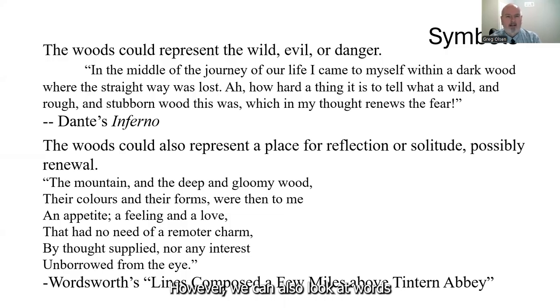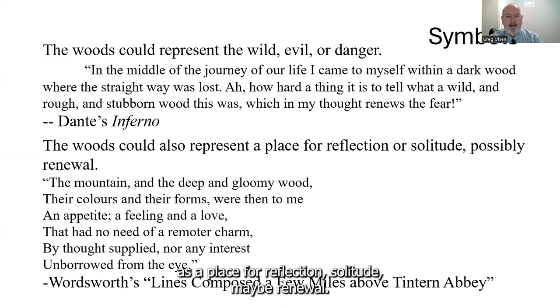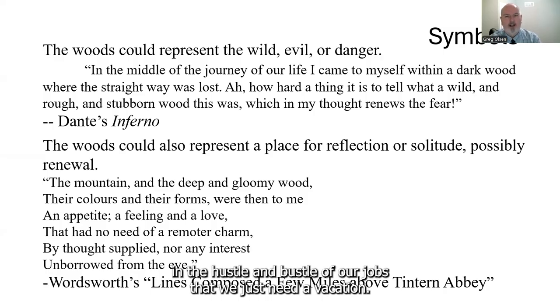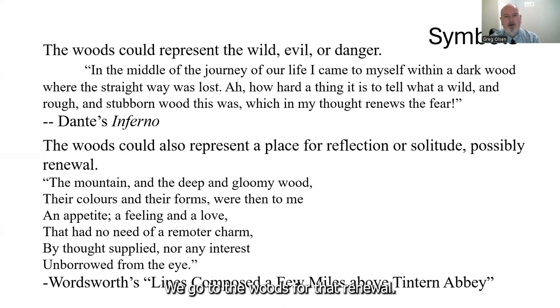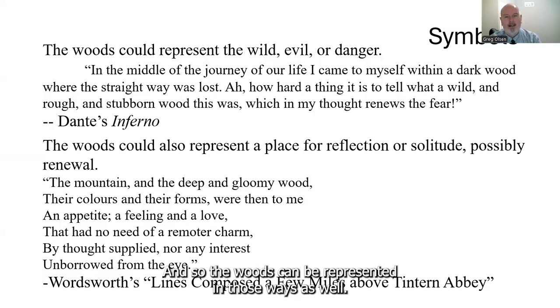However, we can also look at woods as a place for reflection, solitude, maybe renewal. We think of times that we get so entrenched in the hustle and bustle of our jobs that we just need a vacation. So we go camping, we go to the woods for that renewal, we go for that quiet, for the solitude. And so the woods can be represented in those ways as well.